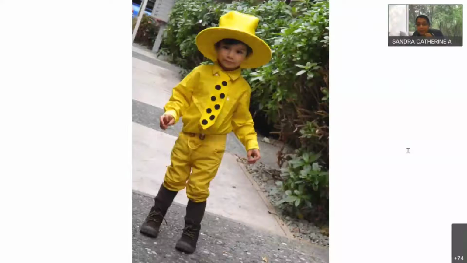Can some of the participants respond in chat box or unmute? Okay, a young boy, that's quite good. Yellow hat, shirt and pants, yes. Dotted ties, yes, thank you.